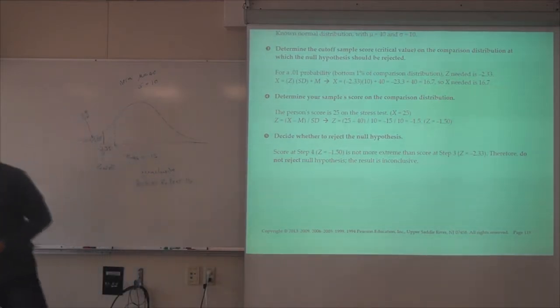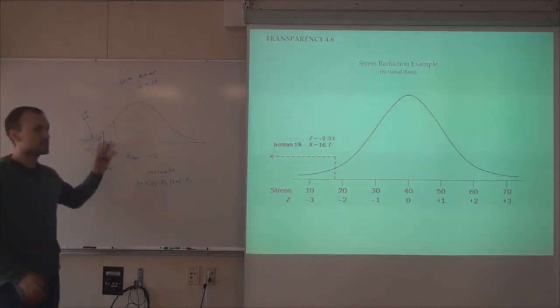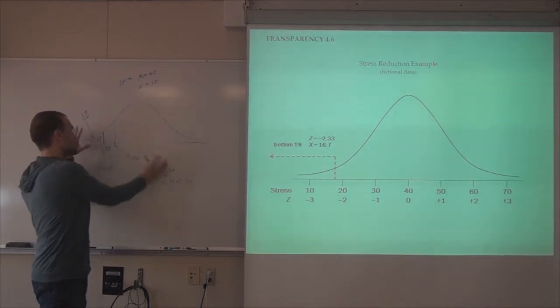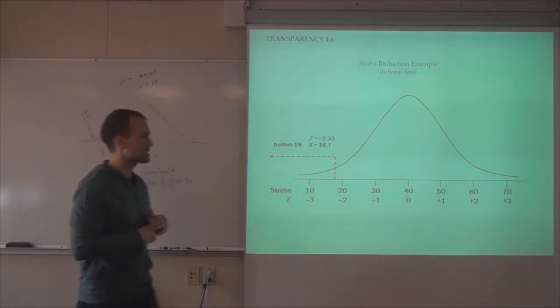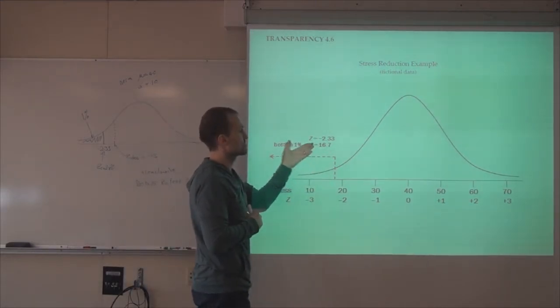If I visualize this like we have here, and it's always a good idea to draw this yourself, see all the pieces, and visualize what's happening, it makes it so much easier. There's my cutoff, whether you look at the z-score or the corresponding raw score.